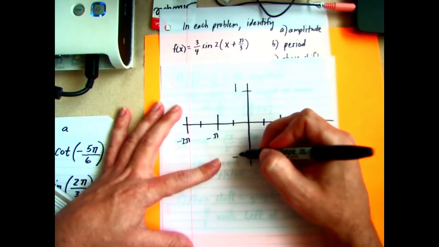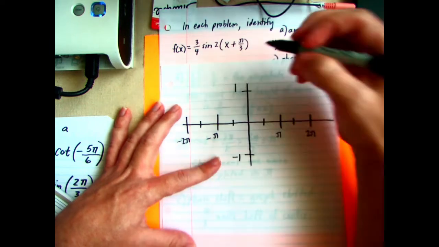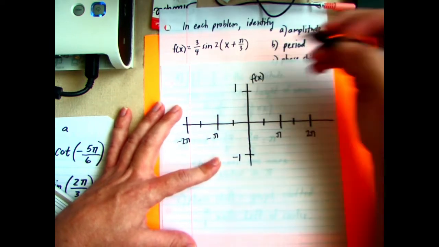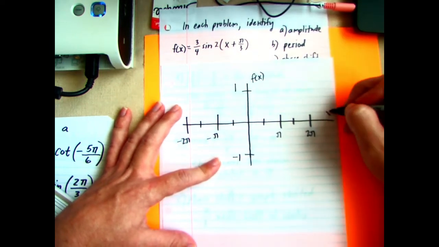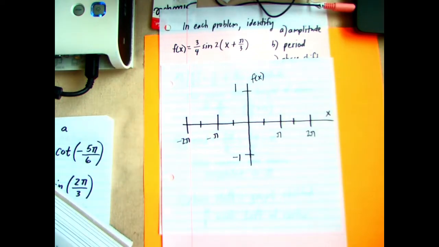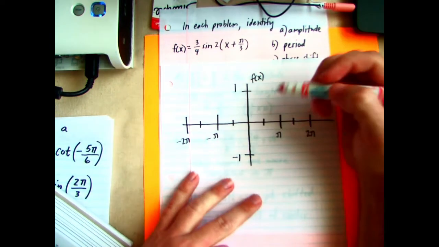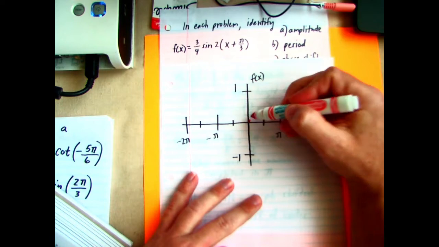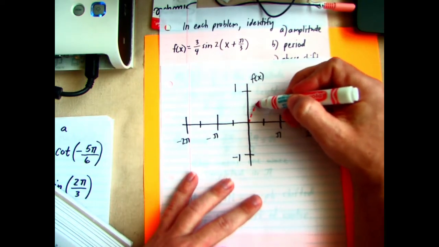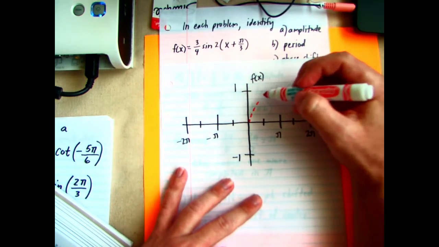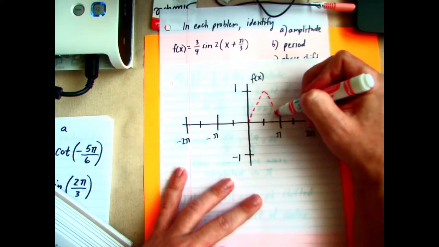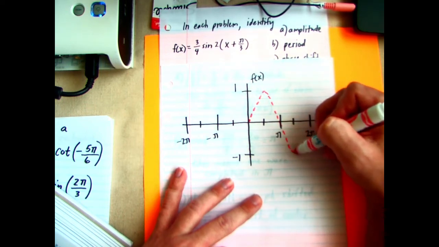So here are my axes. And first I'm going to graph the original sine x. In order to see how each characteristic affects the graph, I'm first just going to graph plain old y equals sine x.